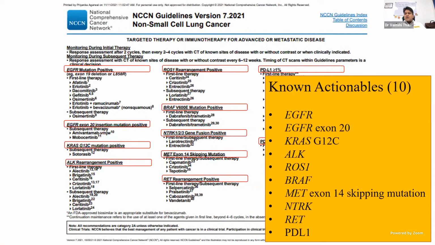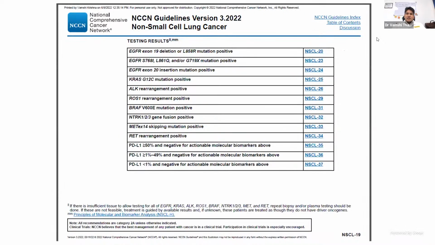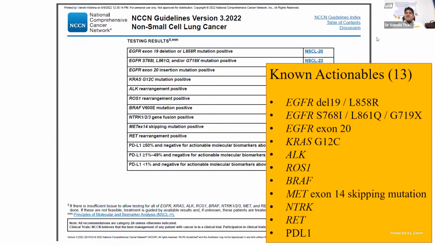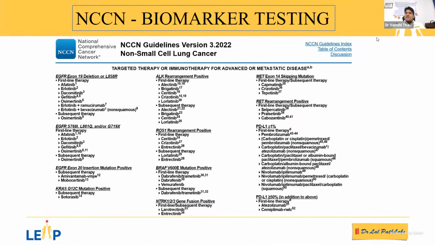In 2021, the known actionables, as I would want to call them, were EGFR exon 20, KRAS G12C, wherein sotorasib was introduced, ALK, ROS, BRAF, MET exon 14 skipping mutation, NTRK, RET, and PDL1. In 2022, the classification of these alterations has increased to 13 driver mutations. And this is where we stand now in 2022.